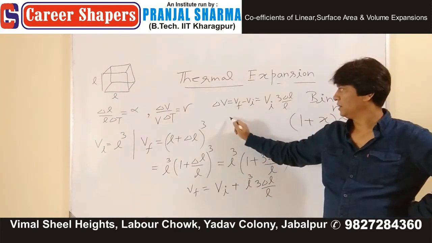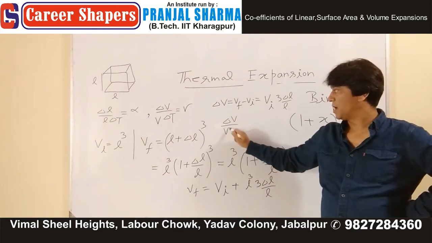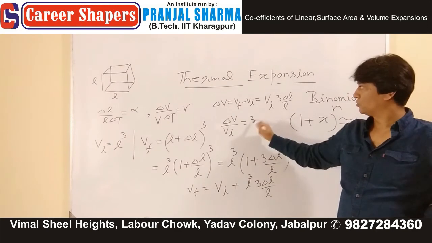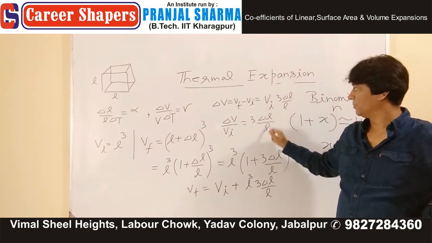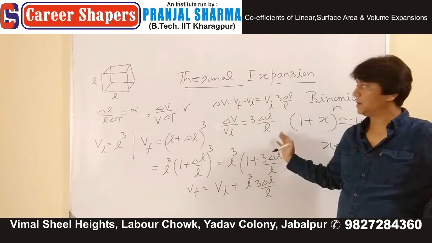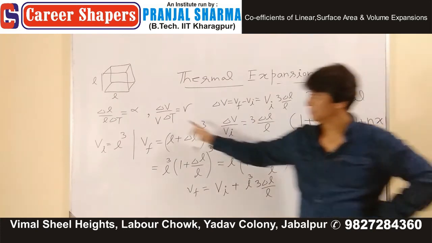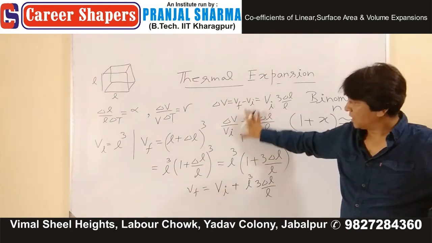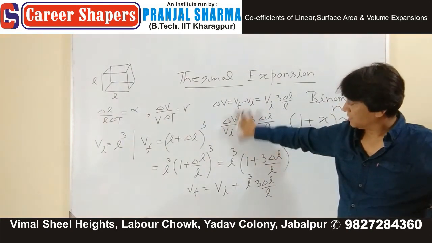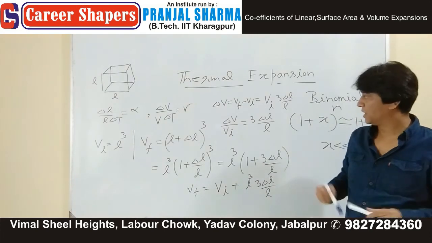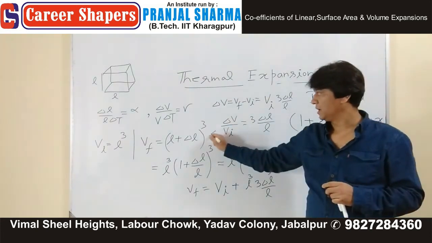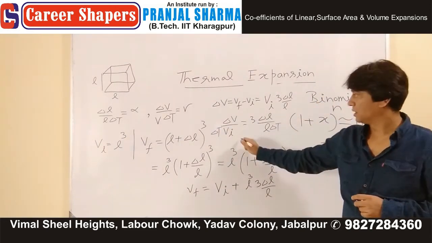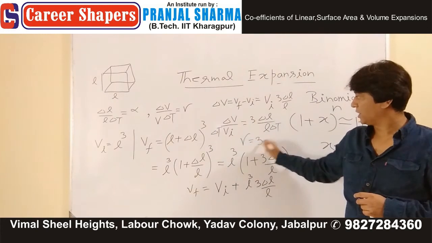This is delta V divided by V initial, which is coming 3 times delta L upon L. Divide by delta T on both sides, and you got what? You got gamma. Divide both sides by delta T, and you get what? Gamma is 3 times alpha.